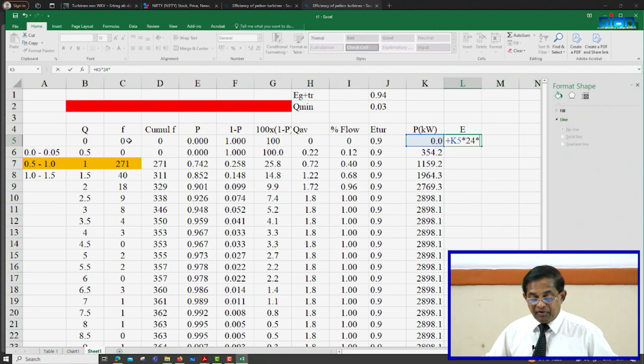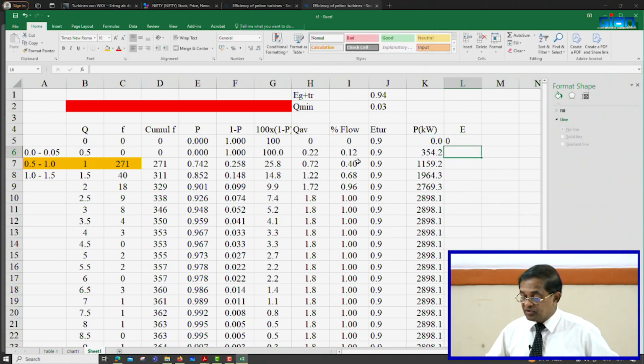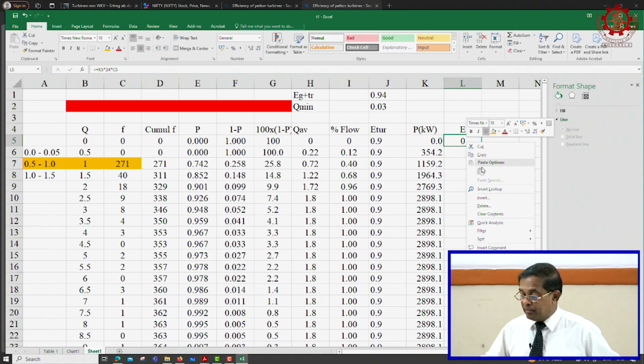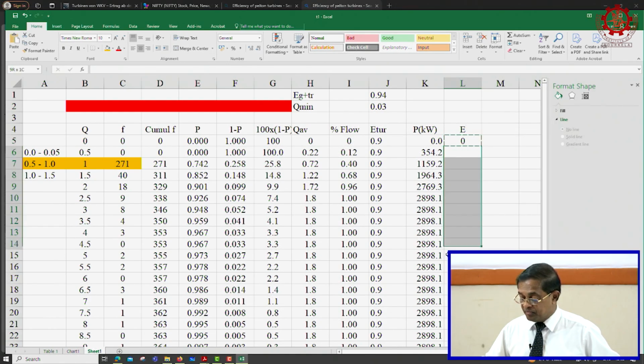The number of such days is the frequency. The first one is 0 because there are no such data points, but on other days there will be. So this is coming in kilowatt hours.